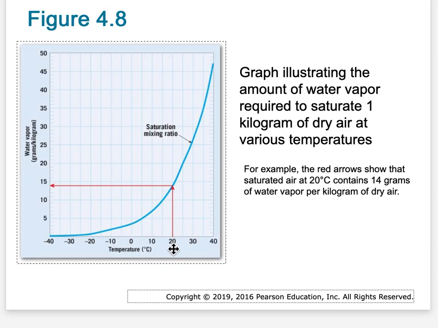So again, the parcel of air that has 20 degrees Celsius, the maximum amount of water vapor it can hold is 14 grams of water vapor for it to be saturated. And then as the temperature increases to 40 degrees Celsius, we can see using this saturation mixing ratio blue line, the maximum amount of water vapor it can hold is a little above 45 grams of water vapor. So warm air can hold more water vapor.